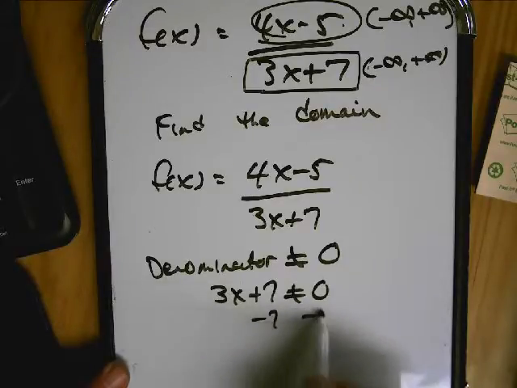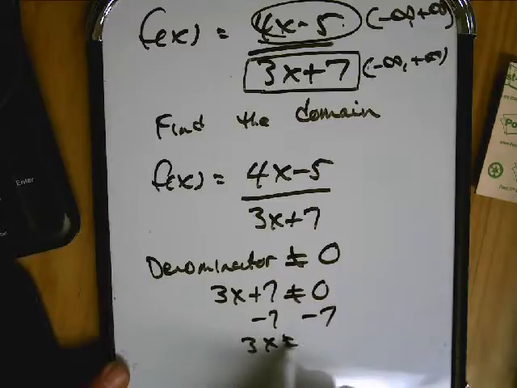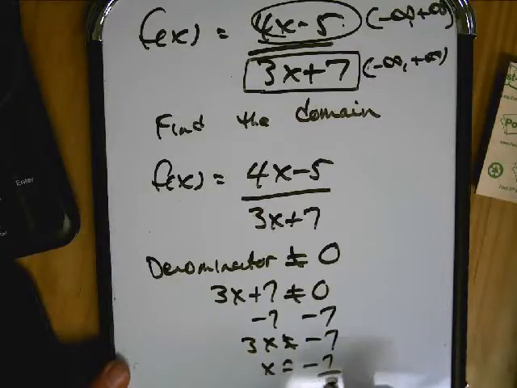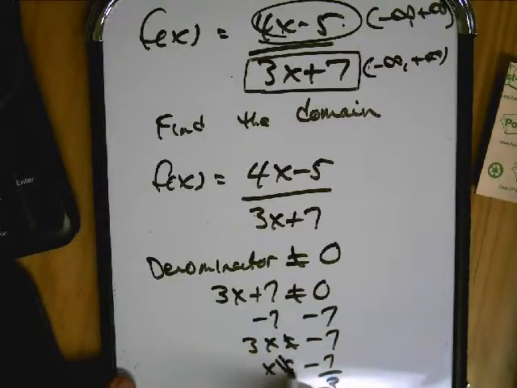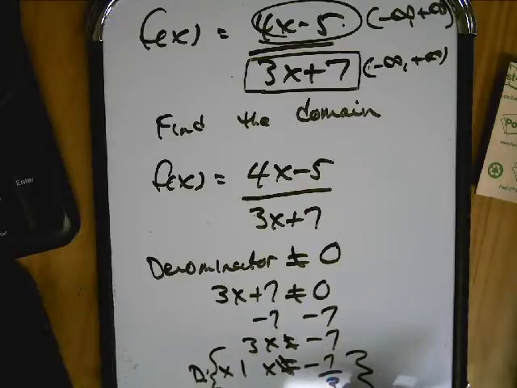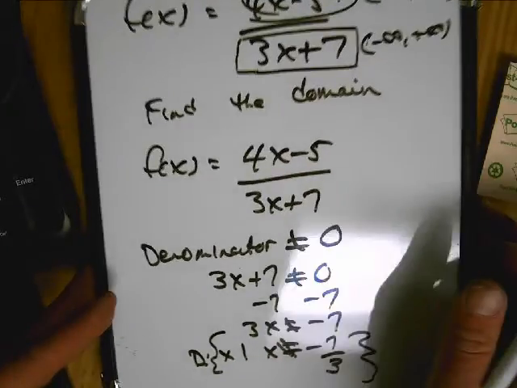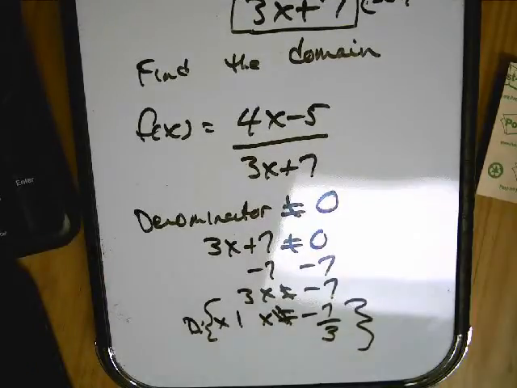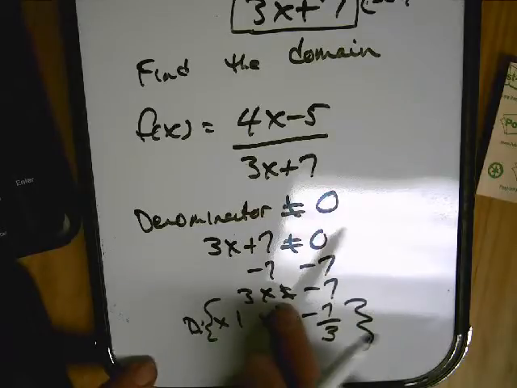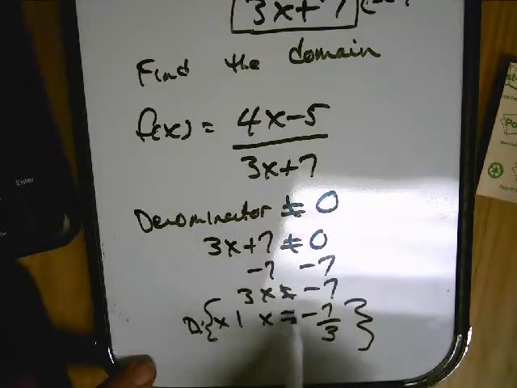I solve for x. 3x cannot equal negative 7. Therefore, x cannot equal negative 7/3. That's the only number in the world that x can't be. It is not allowed to be negative 7/3. And we'll clean that up.